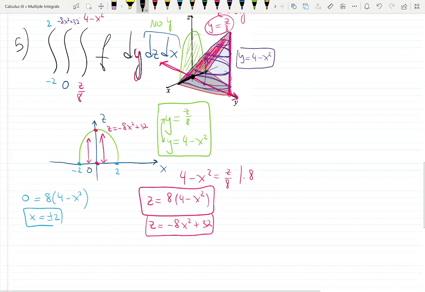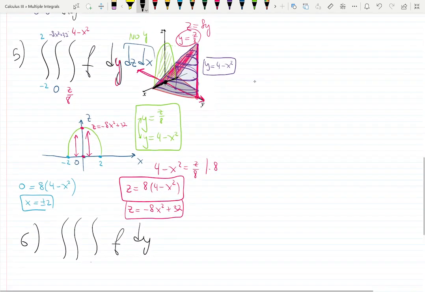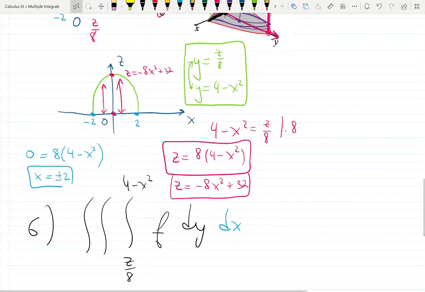Finally, the last one left. It will go a little bit faster because we're done with most of the part here. F dy. Y is from z over 8 to 4 minus x squared. And now we will have dx going first at the same picture. Just like in the previous example, x now is going from the negative side of this parabola to the positive side of this parabola. This time I will write it down for you that we need to solve for x, right?